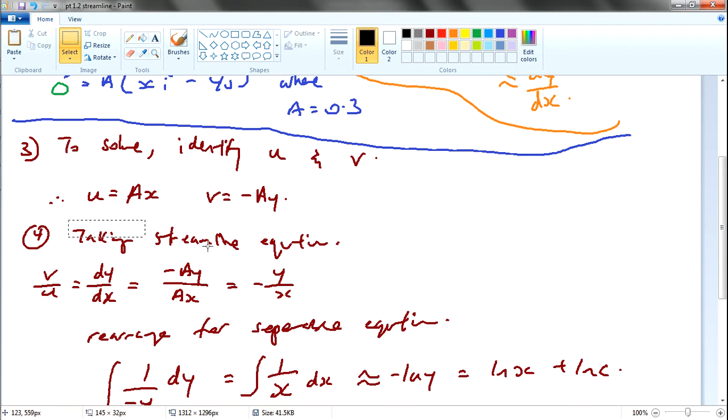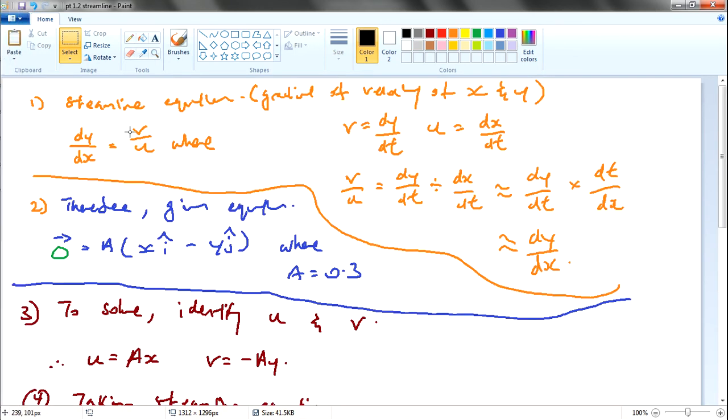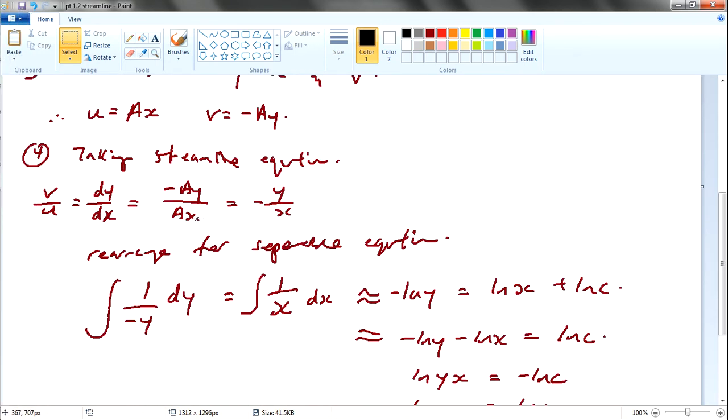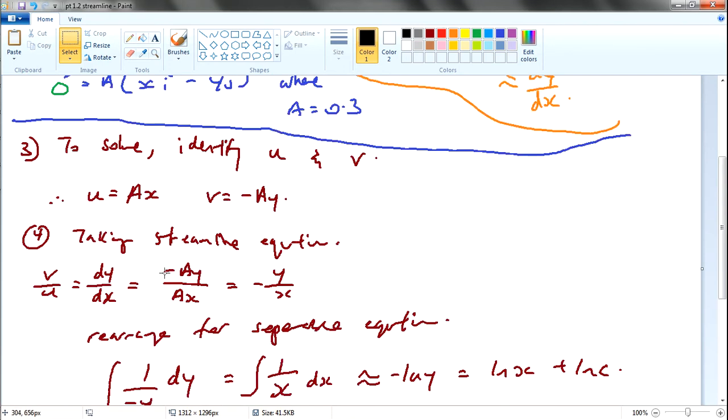So taking the streamline equation, you know that the equation itself is v divided by u, and therefore dy over dx is simply minus ay divided by ax, because v is equal to minus ay, so you just put it over here, and u is equal to ax, so you put it over here.